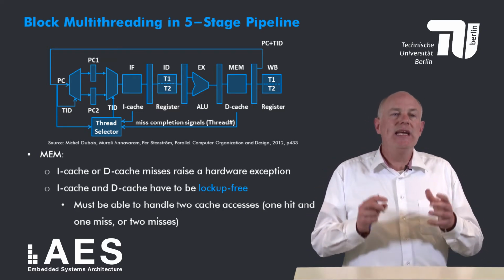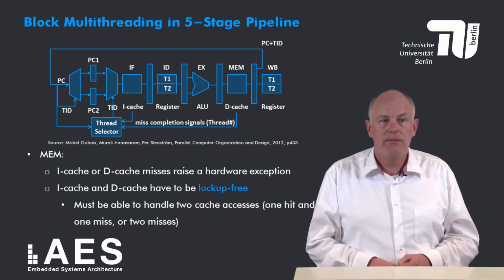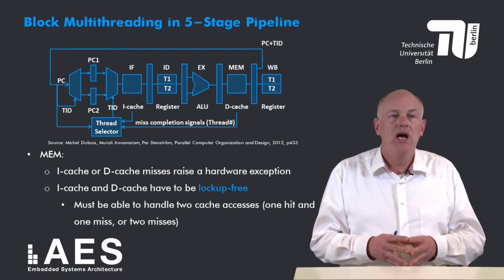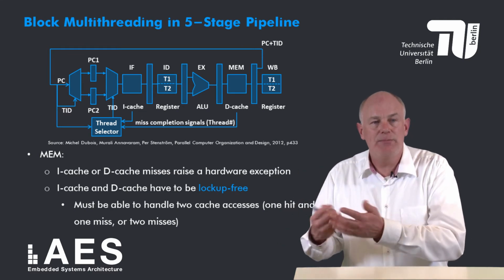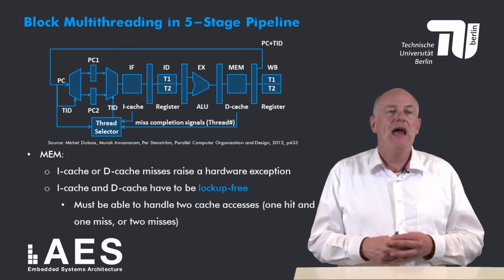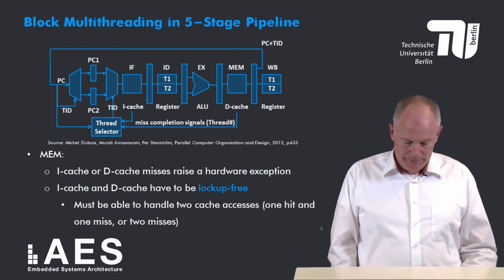That means we need to be able to handle two cache accesses at the same time. One may be a hit and the other may be a miss, or both threads may have missed, because here I assume that we have two hardware threads and we must be able to support two misses at the same time.